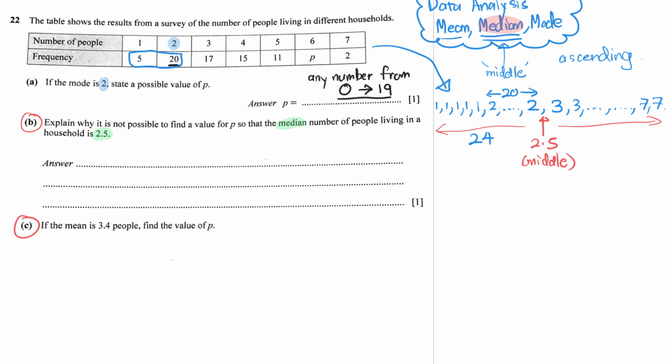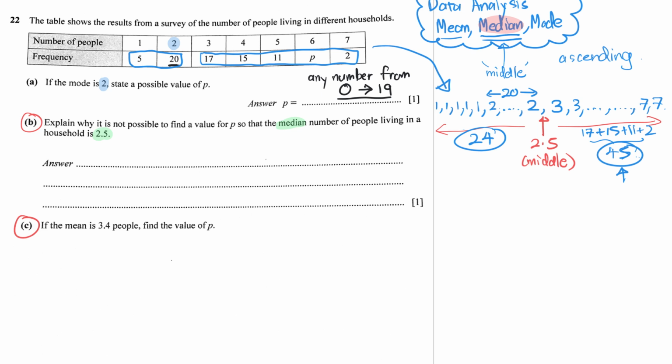And if you look on the right, there's actually a lot of numbers including P. But when I really add up the 17 plus 15 plus 11 plus 2 excluding the P, what do we get? We have 45 numbers. It's clearly not balanced. It's not balanced such that 2.5 is the middle. There's too many things on the right side. 2.5 can't be in the middle.